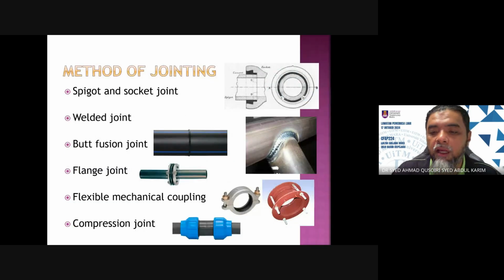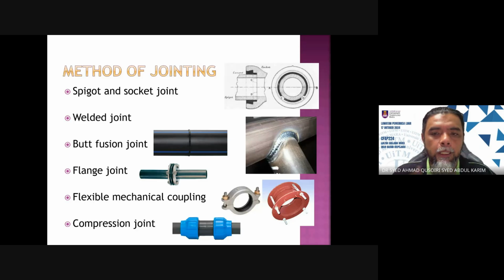Okay, so these are how the pipes are being jointed. The pipe joints basically depend on the material of the pipe. Okay, so we have the spigot and socket joint. These are usually used by clay pipes, and even the iron pipes.